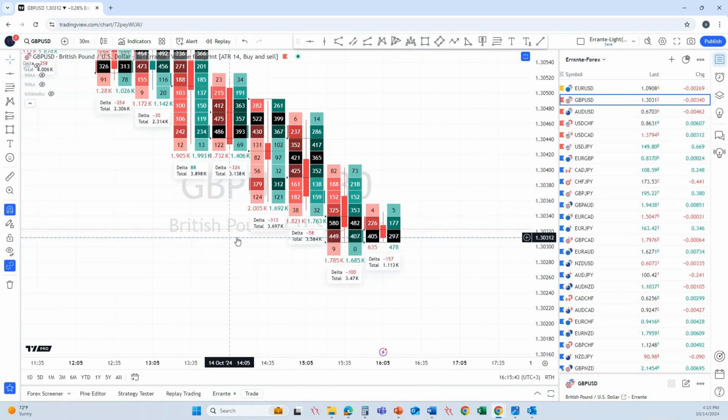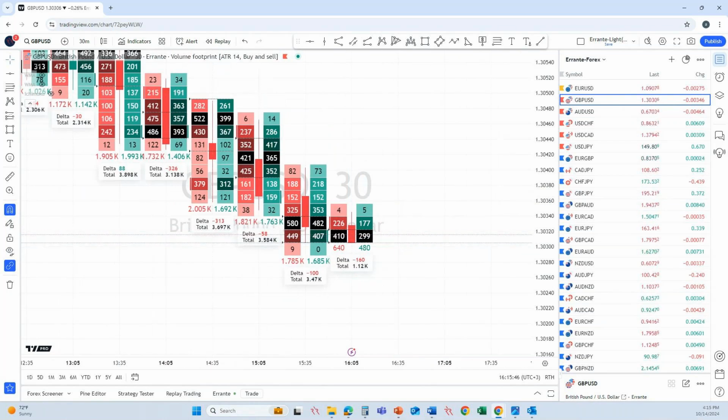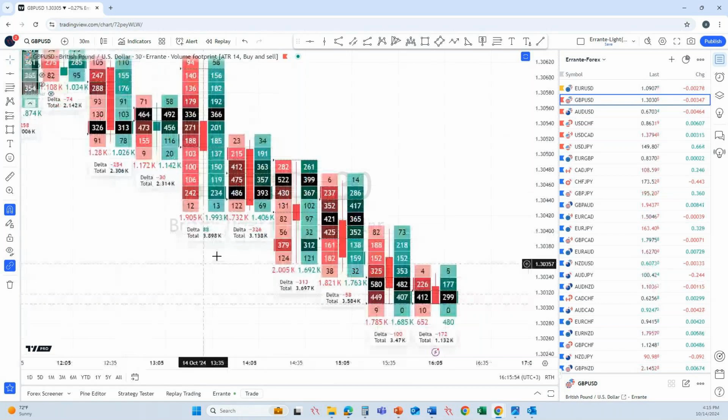So we can understand where the market is going. You see, we have some deltas in positive numbers and some in negative numbers. Positive delta indicates more aggressive buying, whereas negative delta indicates more aggressive selling. And we have also the total at the bottom.